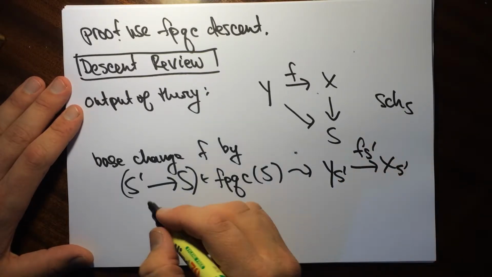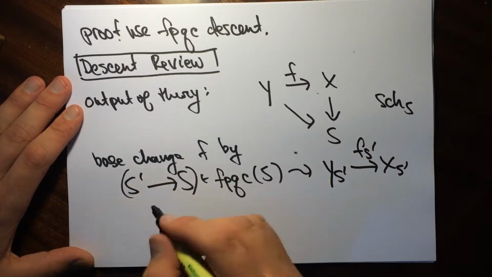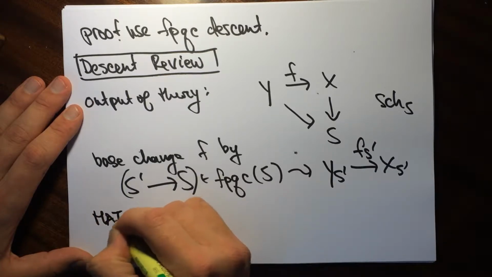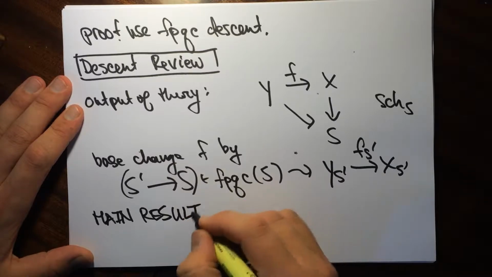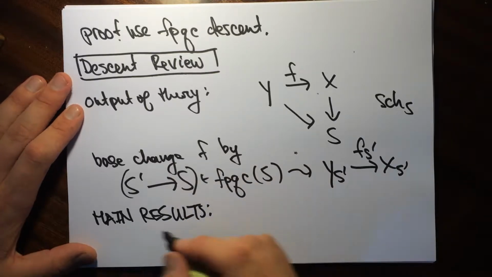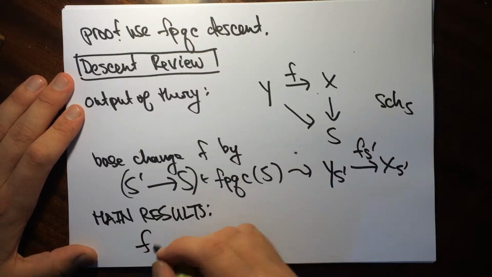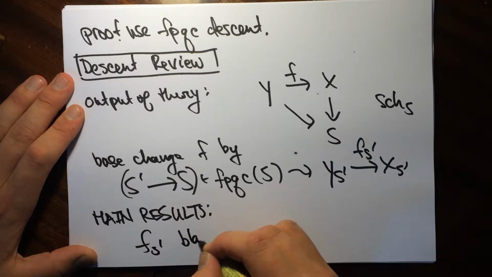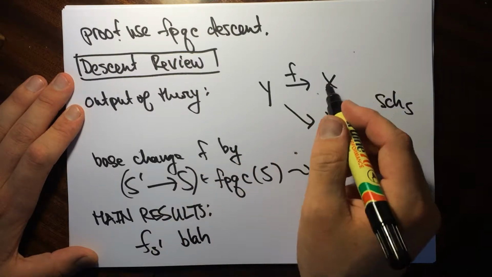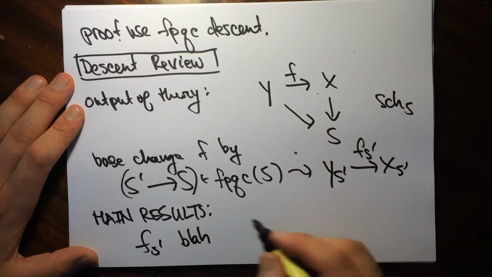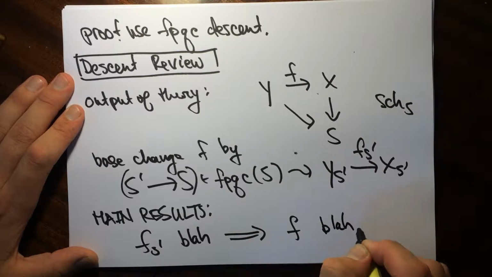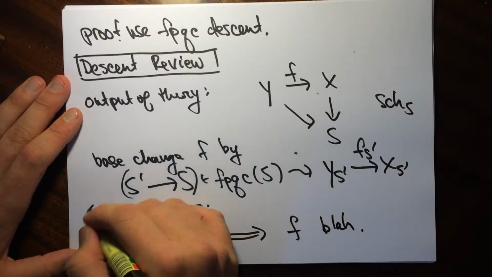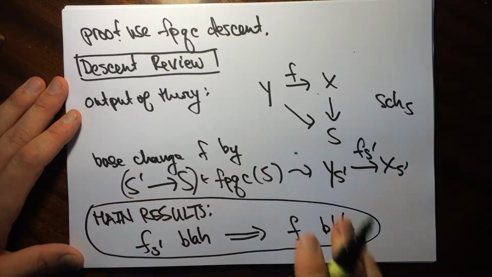And then the idea will be that the main results of this theory say that if f_{S'} is blah, so this is like an affine map or a closed immersion, then this will imply that f is blah. Okay, so this is the basic idea of what we're going to be using.